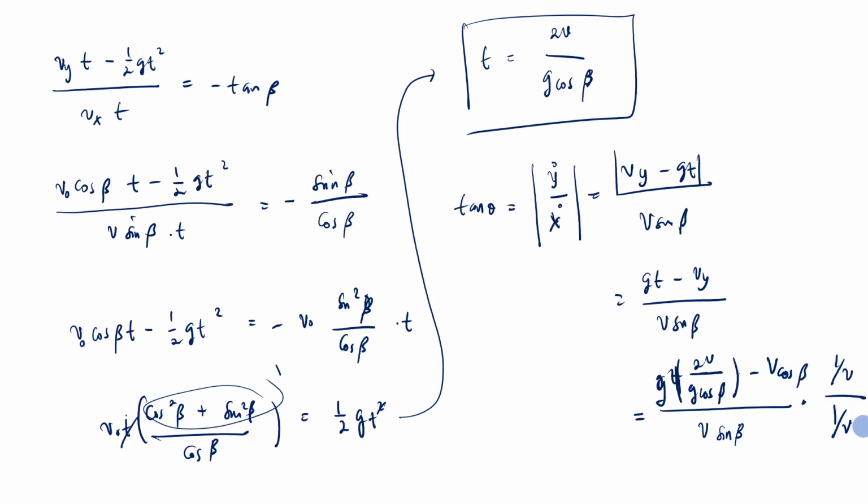Of course, we get tan theta equals 2 divided by sin beta cos beta minus cos beta divided by sin beta, and we can substitute this term by the identity of trigonometry.